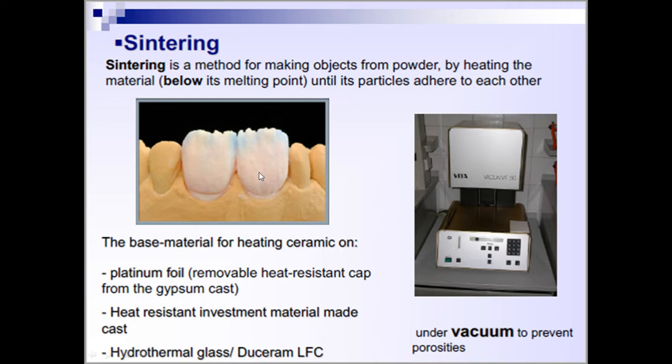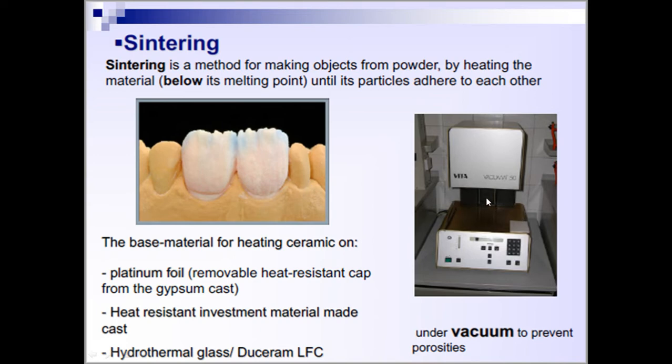This is a ceramic powder which has been formed into a paste and applied onto the surface of either a metal or ceramic substructure, and a proper shape has been given to the material, and we have to place those restorations with that layered ceramic in this furnace over here.